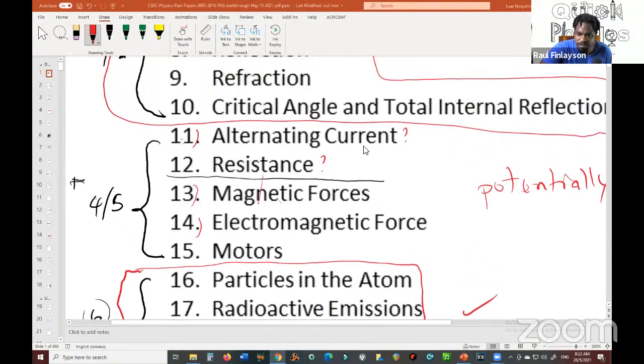So that is it, guys. You realize that in the one class we speak about alternating current, and it still covers some of the magnetic forces there. And we mentioned motors. So all of these topics will be related. We just need to find questions that draw them together now and see if we can understand them.